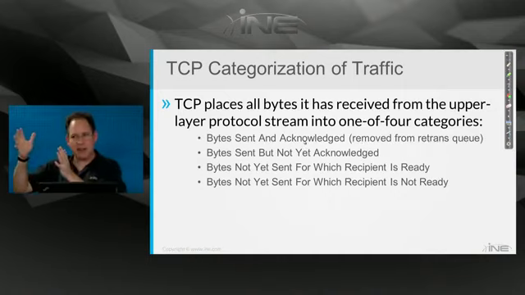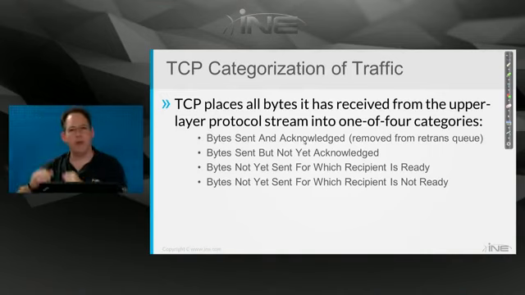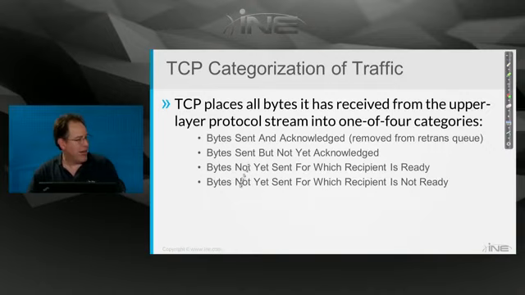If I've sent 100 bytes and an acknowledgement comes back, for a split second I'll say, okay, these are acknowledged, but then I'll strip them off the retransmission queue and forget about them. I don't have to remember them at that point. So the bytes in the first category are classified like that for a split second, and then they're gone. Now the remaining 3 can be hanging around for a while.